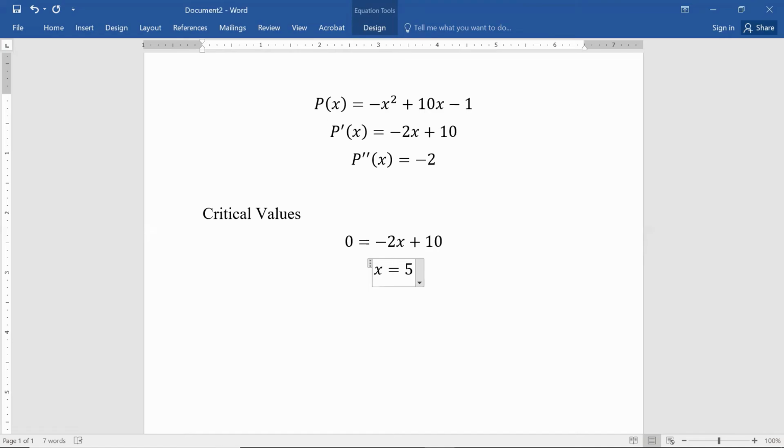The critical point happens when x is equal to 5, and then I figure out what the y value would be by plugging the 5 into my function. In this case, I'll get negative 5 squared plus 10 times 5 minus 1, which is 24. So the critical point is (5, 24).